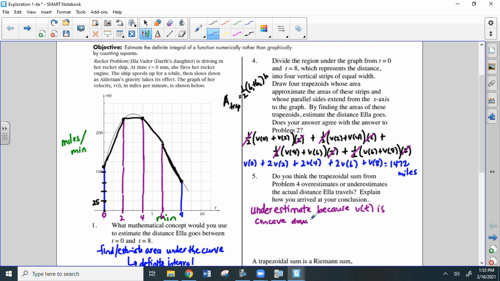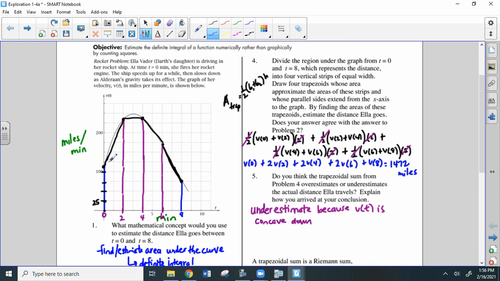Put that somewhere where you can look over it again later. Trapezoids underestimate concave down curves. Trapezoids overestimate concave up curves. Notice it doesn't matter if it's increasing or decreasing, because this graph is doing both.